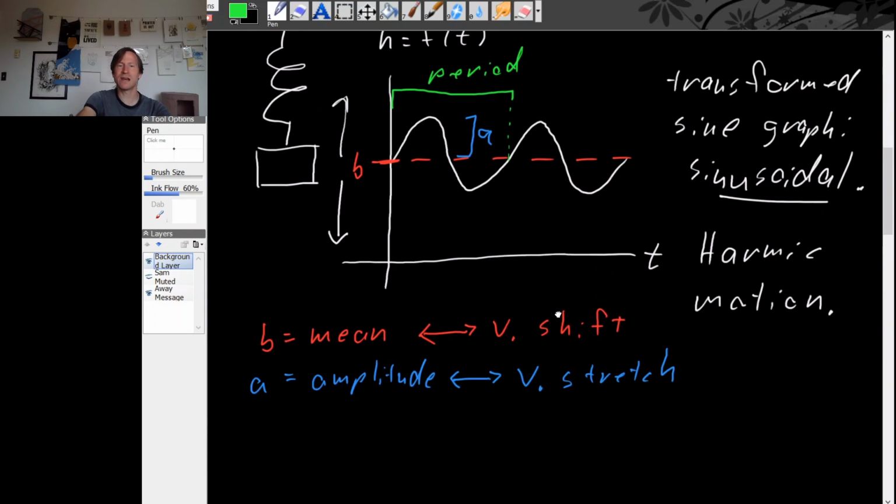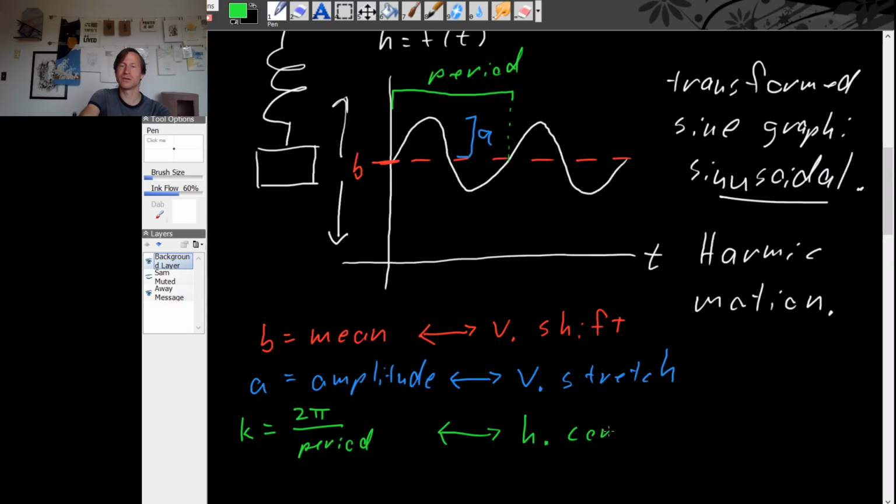And we found that for a sine function, the period is related to this number k by the formula k equals 2 pi over the period. And the way that k shows up in the formula, it shows up as a multiple inside your sine function, and that causes a horizontal compression.